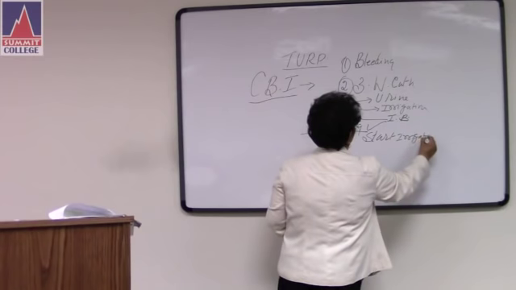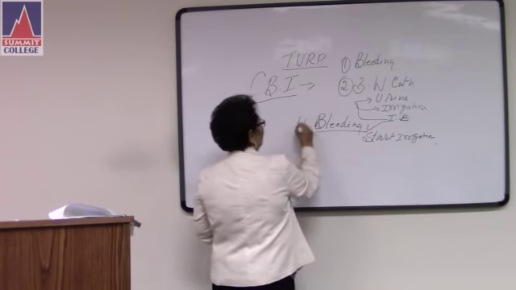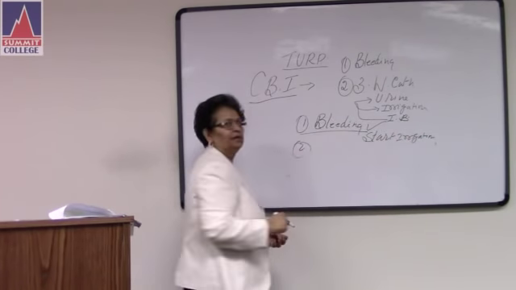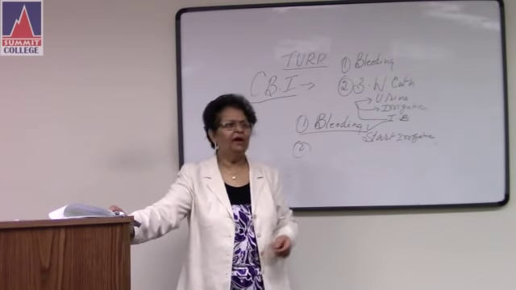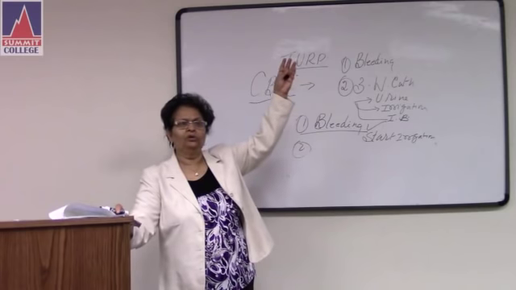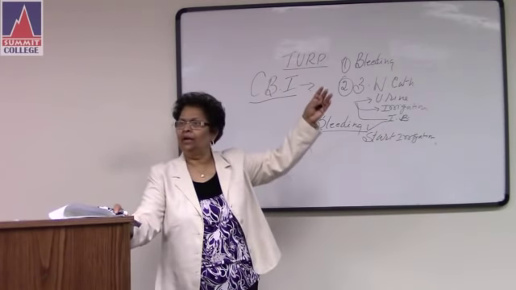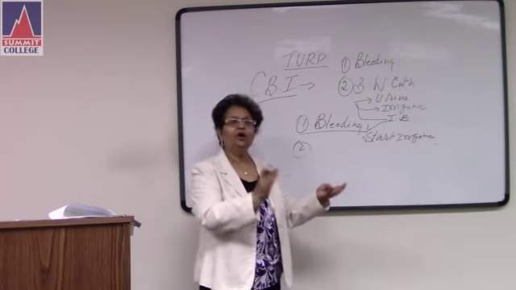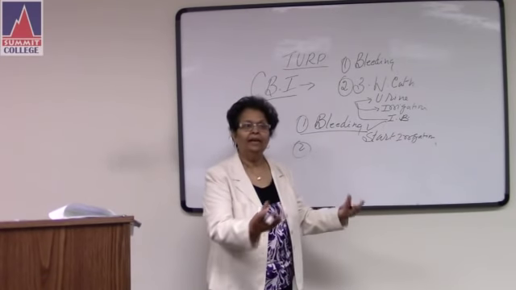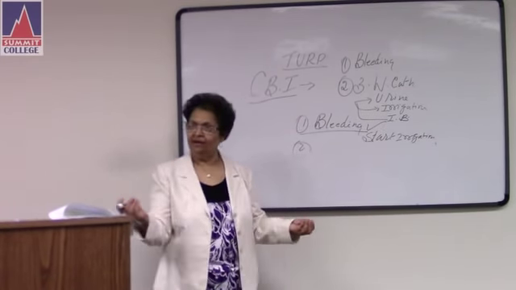Another question. I'm already talking to you guys about how you should know. Patient says, why are you giving me irrigation? How long are you going to give this? And how long do I have to lay in the bed? What would be your answer? Until your urine becomes clear or pink. Everyone is okay?